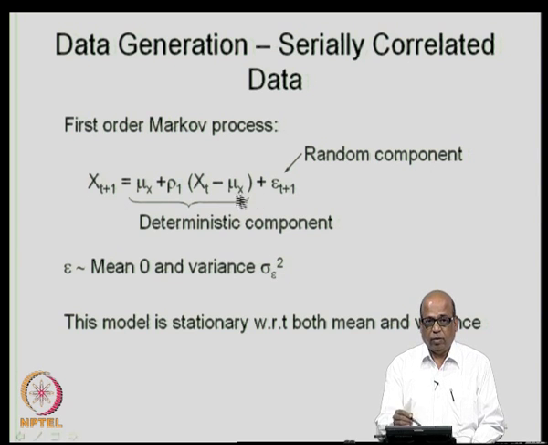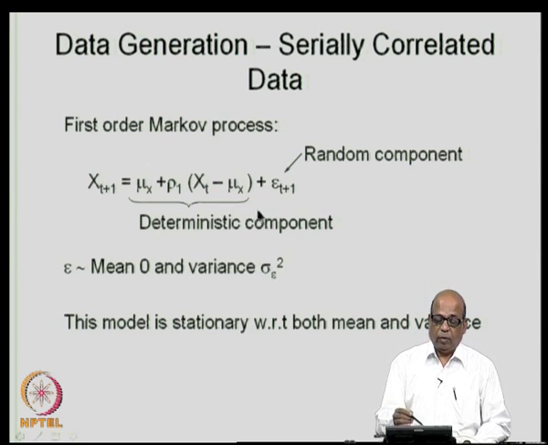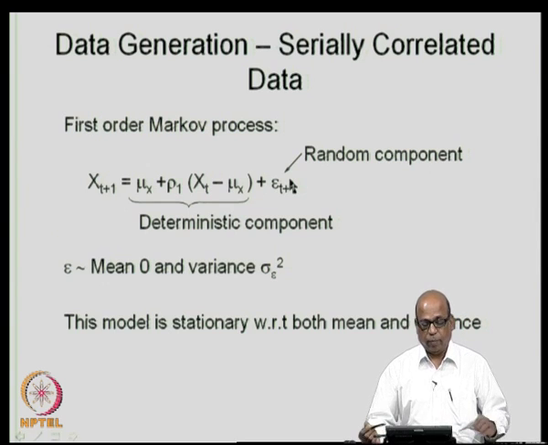Because we would like to have the same mean, the epsilon must have the same mean of 0, as we will presently demonstrate. But to maintain the variance the same, the sigma e square must have a particular variance. We will just see what happens to that.